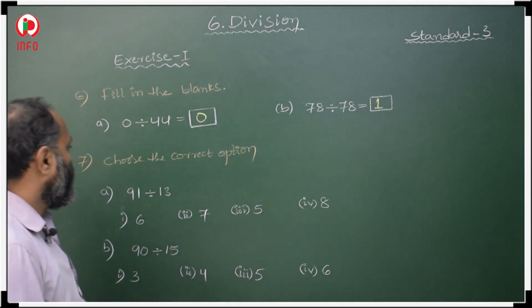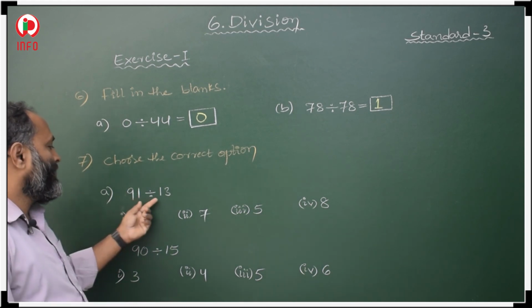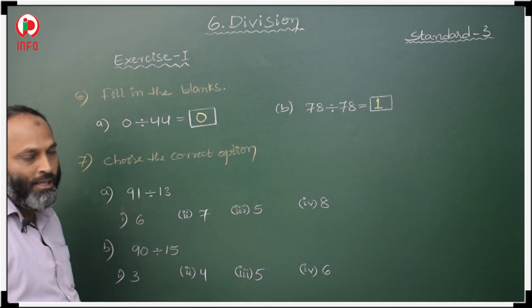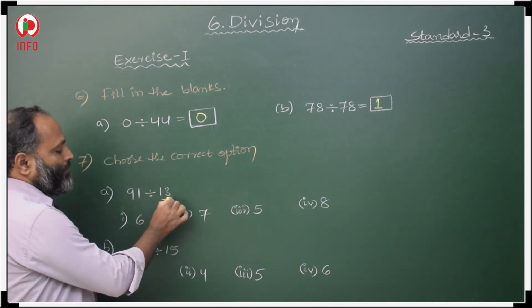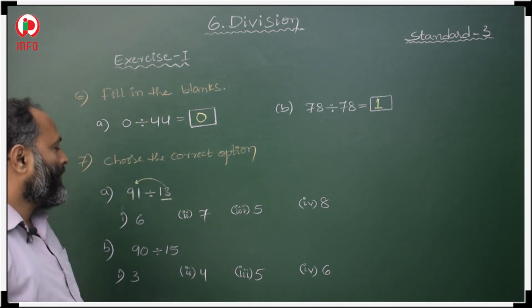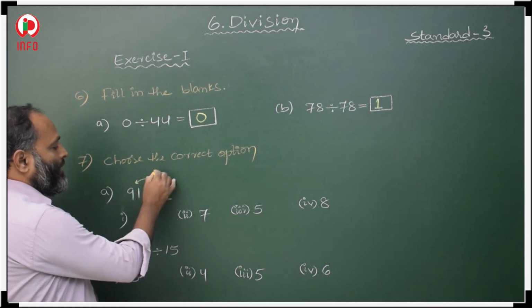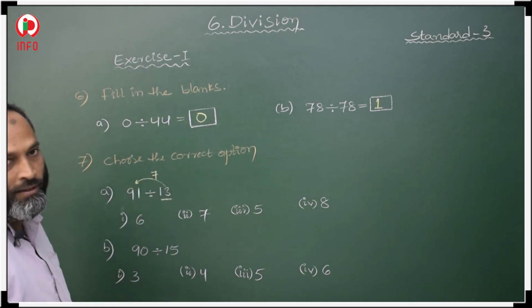The next, choose the correct answers. Here the first question, 91 divided by 13. How to choose this one? In the 13 table, we have to check when 91 will come. 13 sevens are 91.